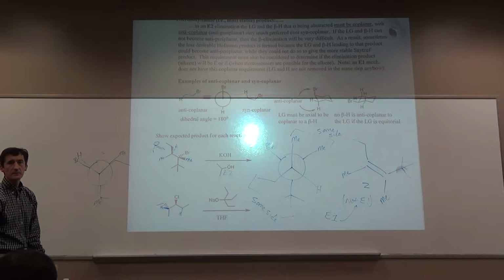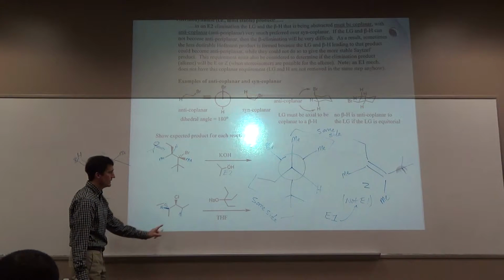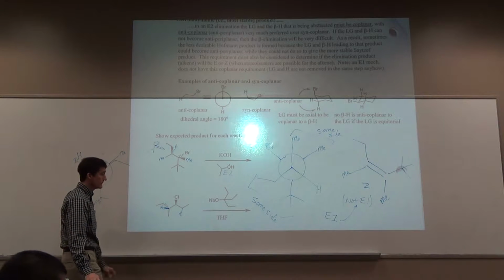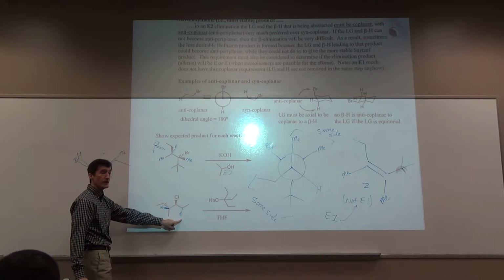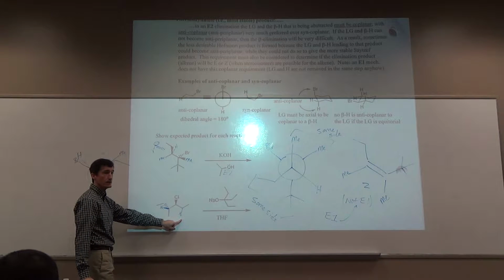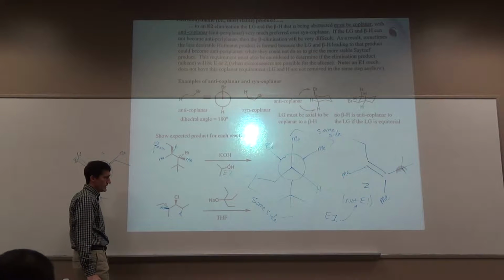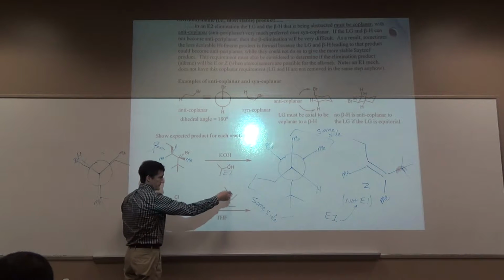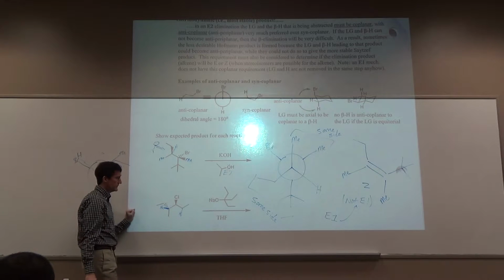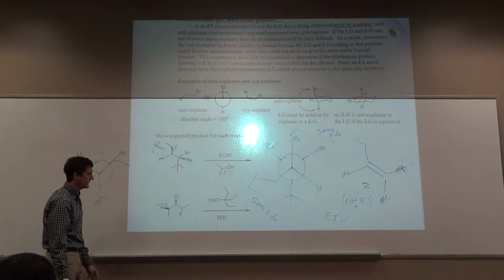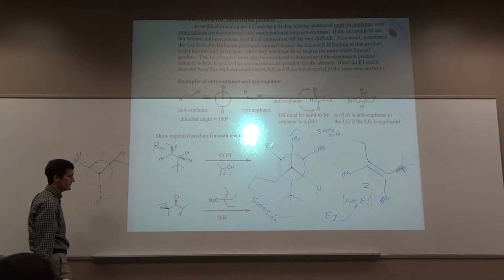Which one do you want to take? Which one does the base take? Take HB? Why HB? That's where it gets a little blurry, and sterically hindered keeps it from doing substitution, but doesn't keep it from taking that H. That's where it can get difficult.